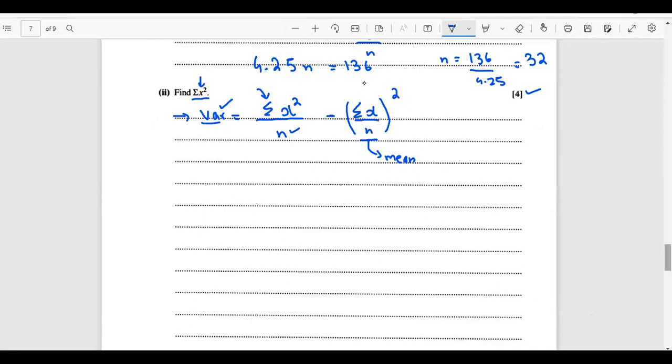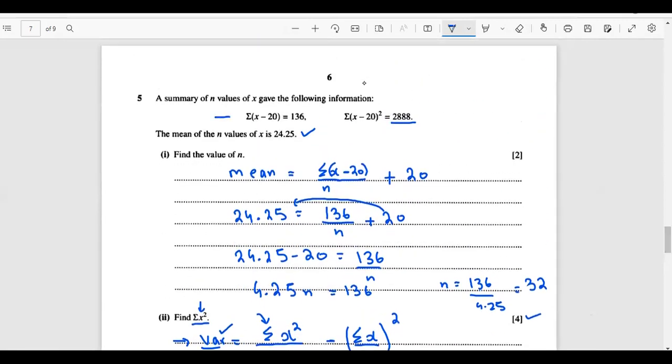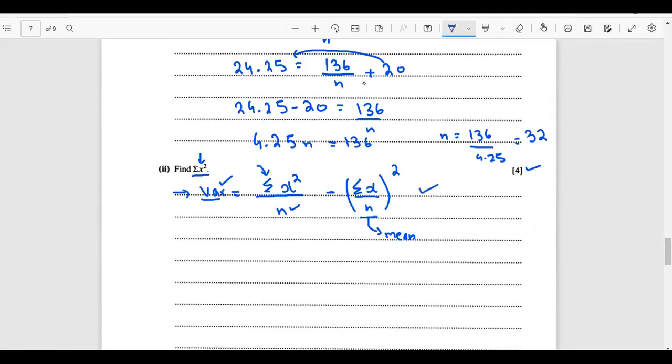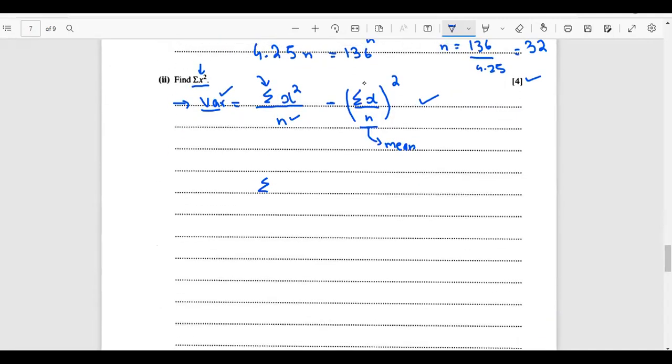Now, what if I say that you can use this and this directly? This could be a formula for variance: summation x minus a squared divided by n minus summation x minus a over n whole squared.